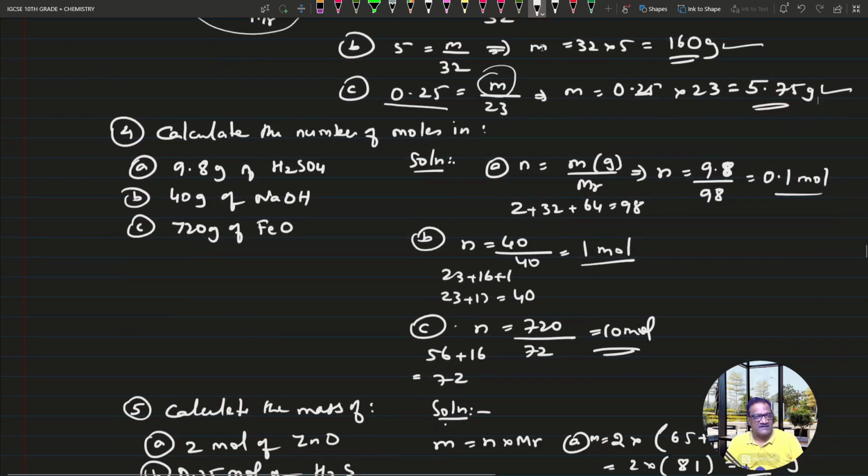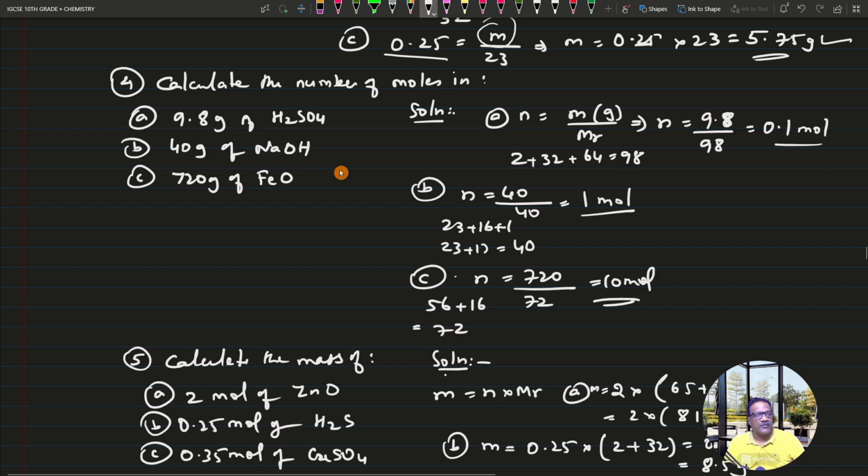Next question is calculate the number of moles in 9.8 gram of sulfuric acid. Now here in all these questions the mass is given to you and you have to convert it into the moles. So n is equal to m upon Mr, and mass is given as 9.8 upon Mr of H2SO4 will be 98.